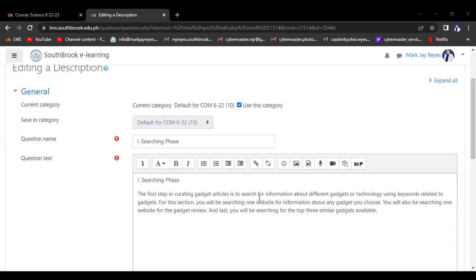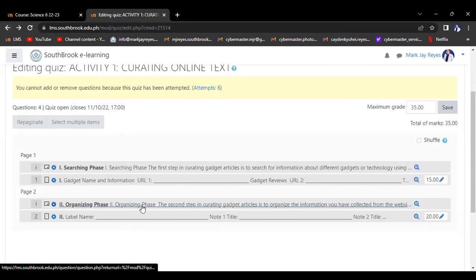You will search for one website with information about the gadget you chose, one website for the gadget review, and the top 3 similar gadgets available. That's the instruction for the searching phase.